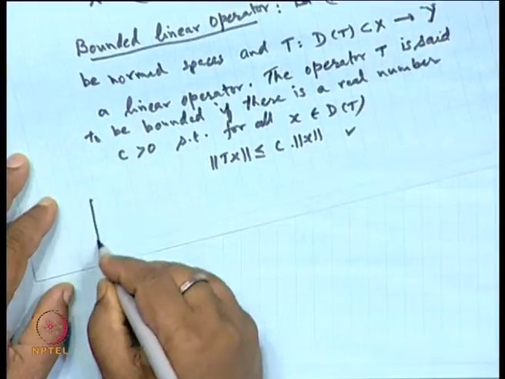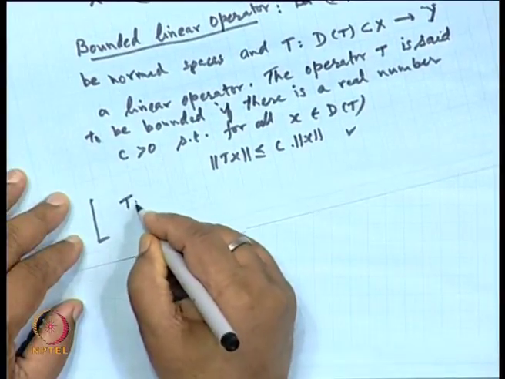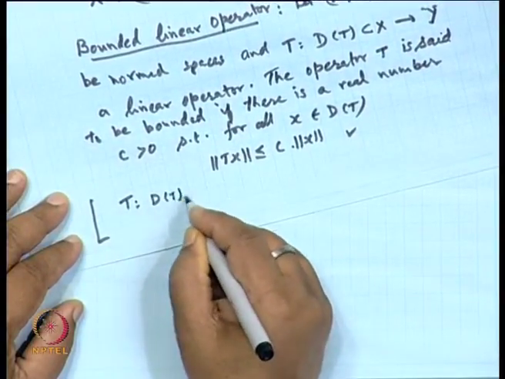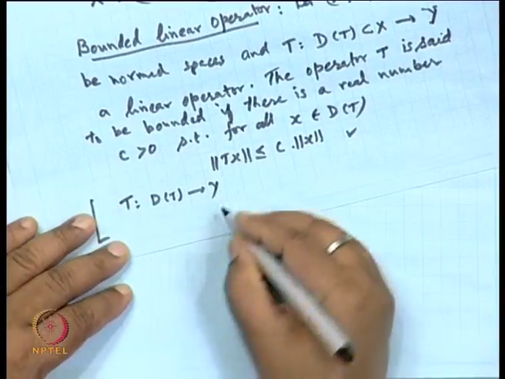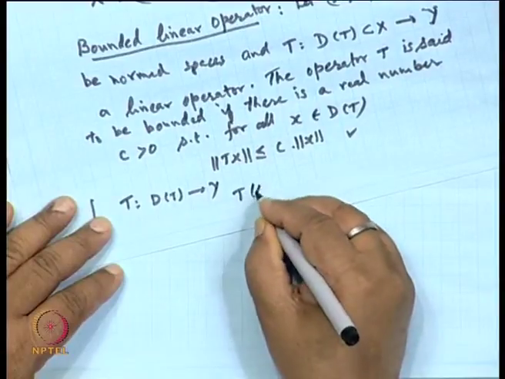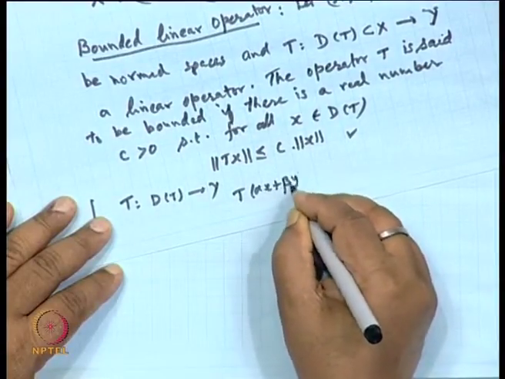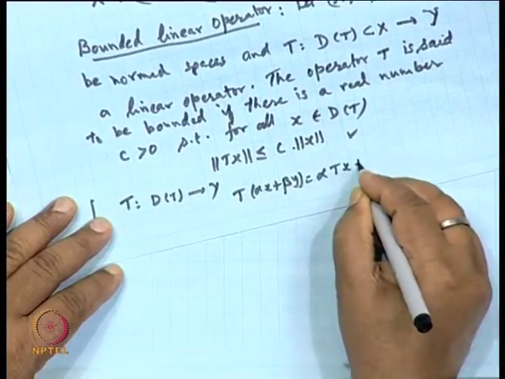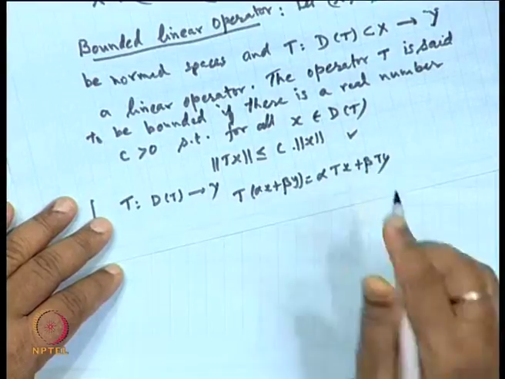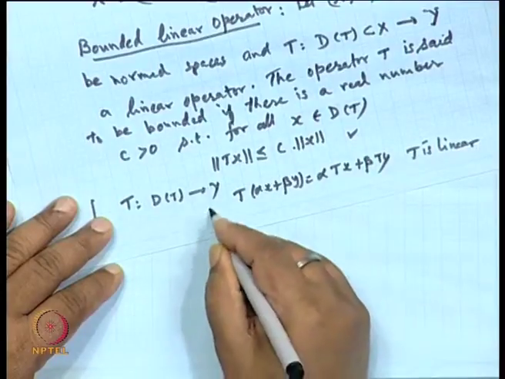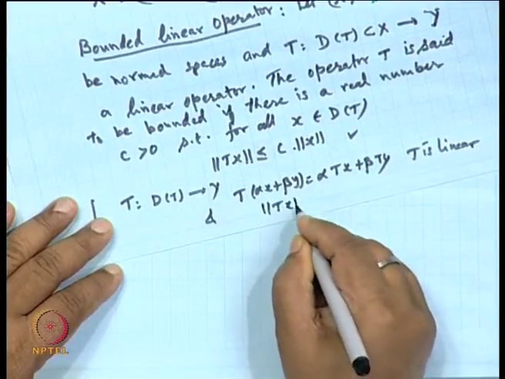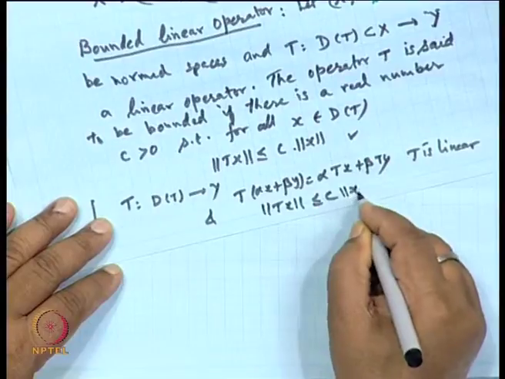So basically, an operator T from the domain of T to Y is a bounded linear operator if it satisfies the condition T(αx + βy) = αTx + βTy, that is, T is linear, and apart from this, the norm of Tx should be less than or equal to C times the norm of x.